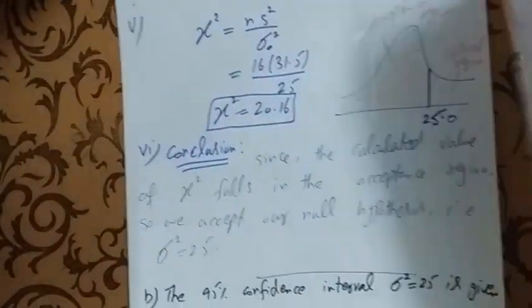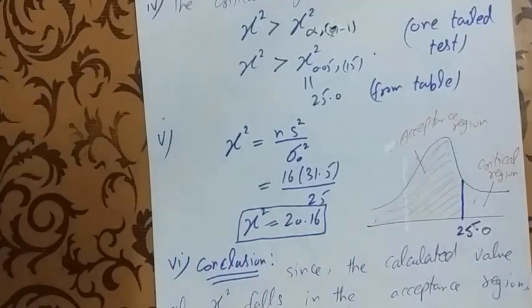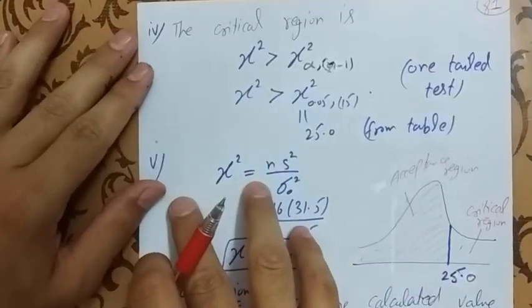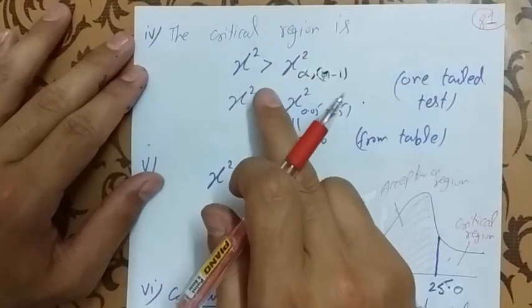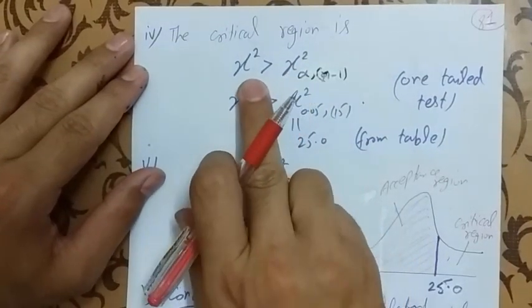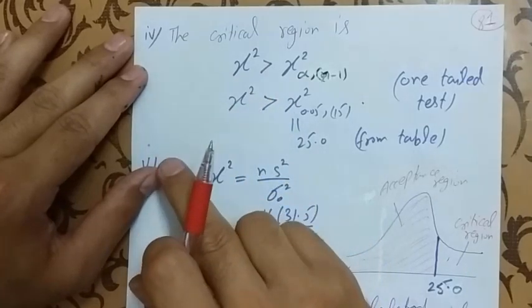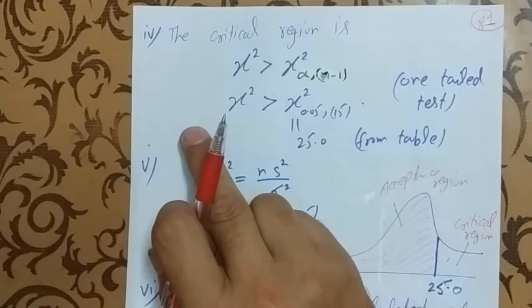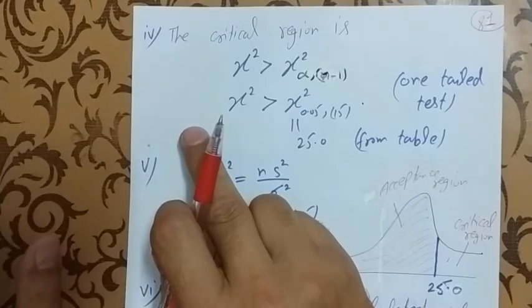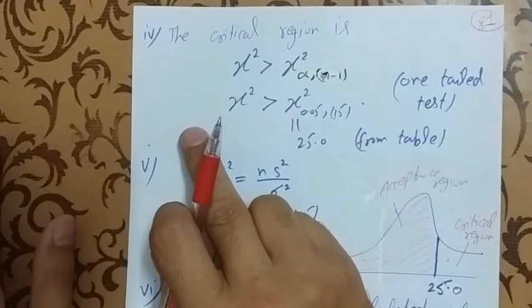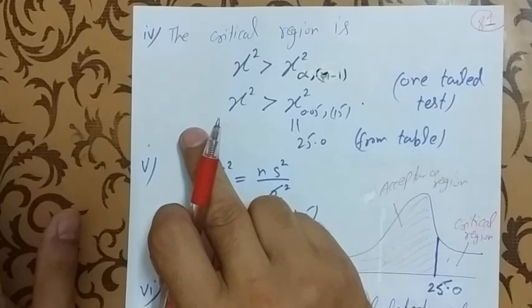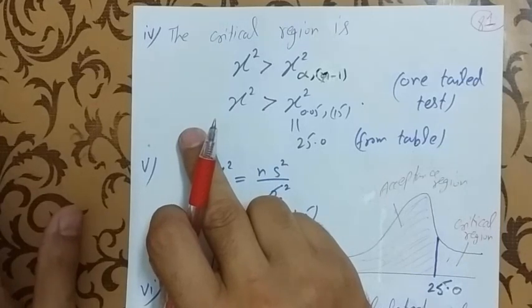And in the fourth step, the critical region. The critical region depends on whether in the first step we adopt a two-tailed or a one-tailed test. Here sigma square equal to 25 is the null hypothesis, and the alternative hypothesis is sigma square greater than 25, which is a one-tailed test.